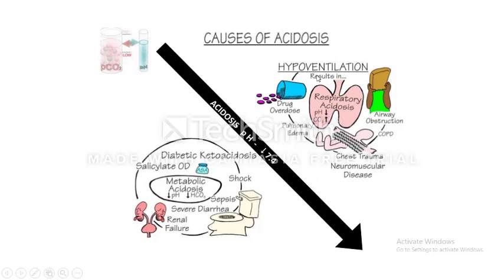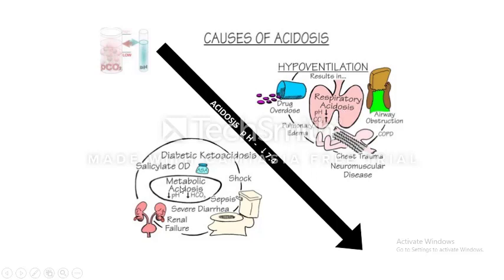Respiratory acidosis can result from hypoventilation, airway obstructions, meaning you cannot breathe very well, chest trauma, or neuromuscular diseases, when the person cannot breathe properly. Pulmonary edema can be the reason, and drug overdose can also be the reason. All these can result in respiratory acidosis.